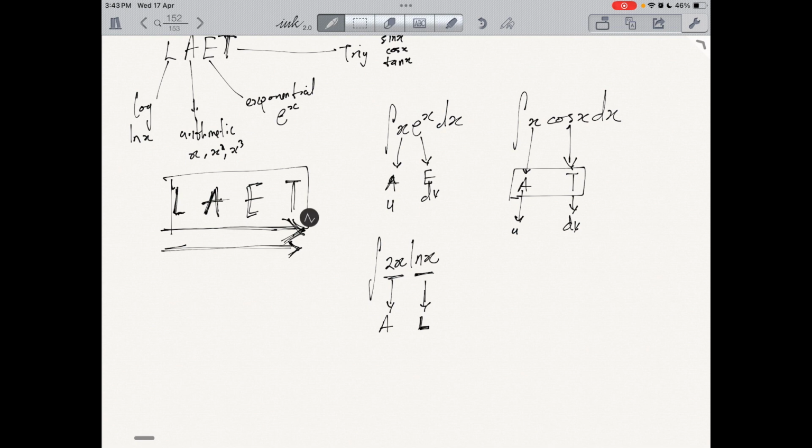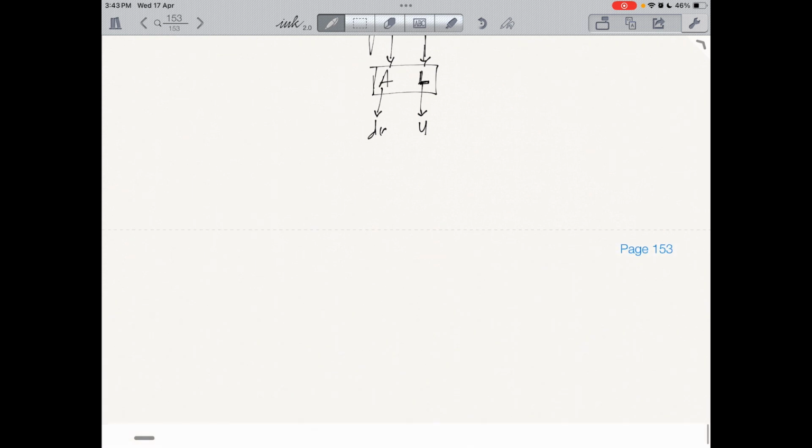So moving in this format from logarithm to arithmetic to exponential to trig, comparing A and L, what we will encounter first is our L. So this ln x will be taken as u, and the arithmetic, that is the 2x, will be taken as the dv. So let's take examples on this to establish understanding of integration by parts.